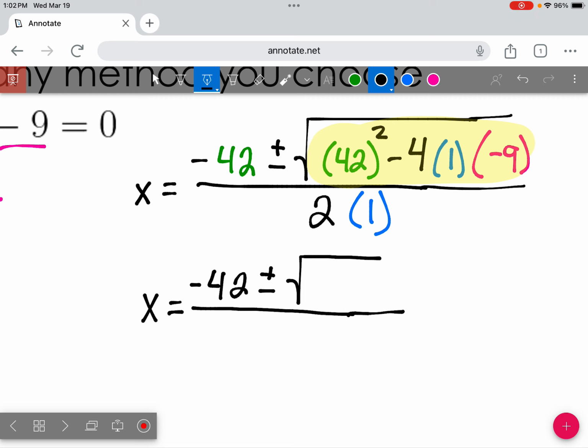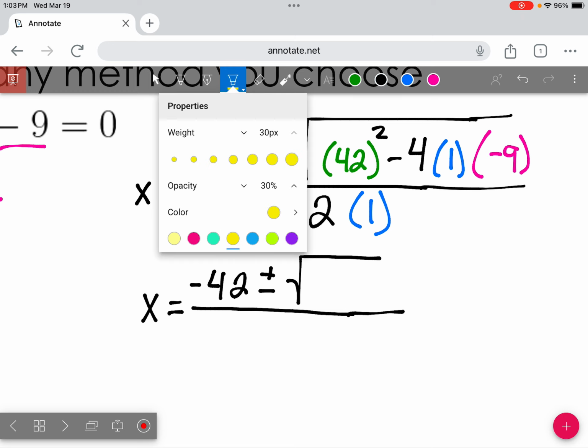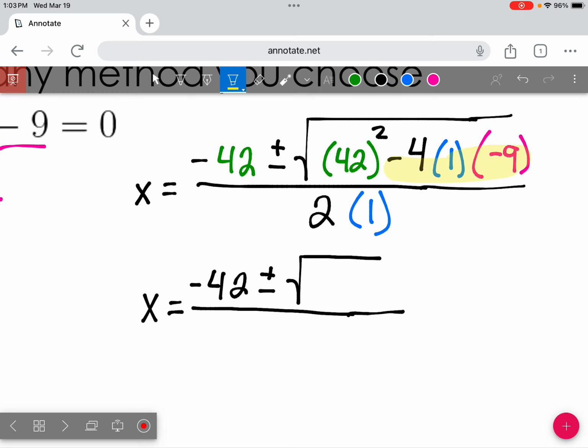What do we get when we put in our 42 squared minus? I say just do the under the radical part. Don't include the radical. In fact, I'm going to change my highlighter here so it's a little bit smaller. We're going to do just this guy.